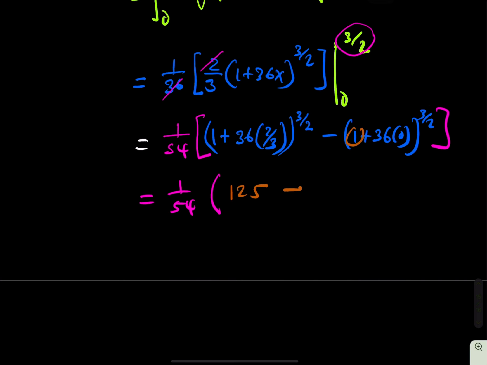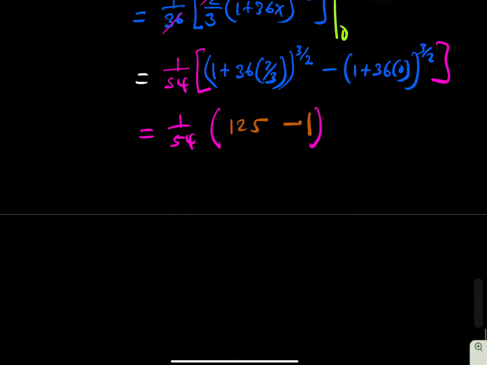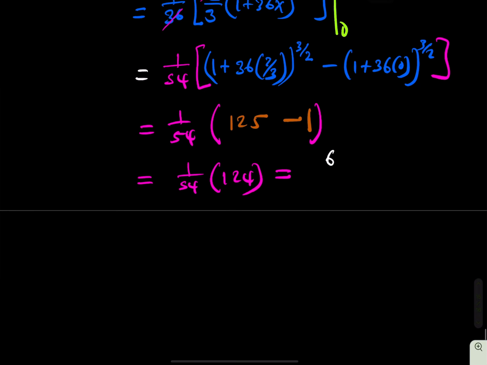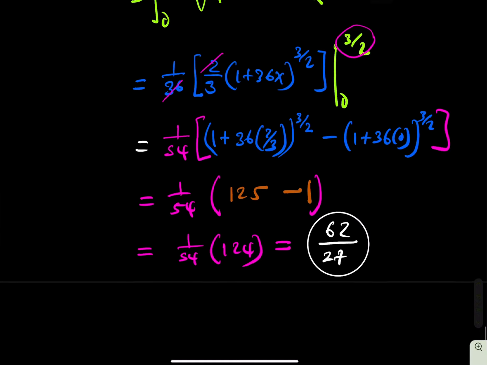So you are left with 1 to the power that is, which is 1. So that is really that. And as a result, you are definitely going to get 1 over 54 into 124. And if you type it nicely in your Casio, that should really boil down to 62 divided by 27. This is how I will do the question, and thank you very much for watching.